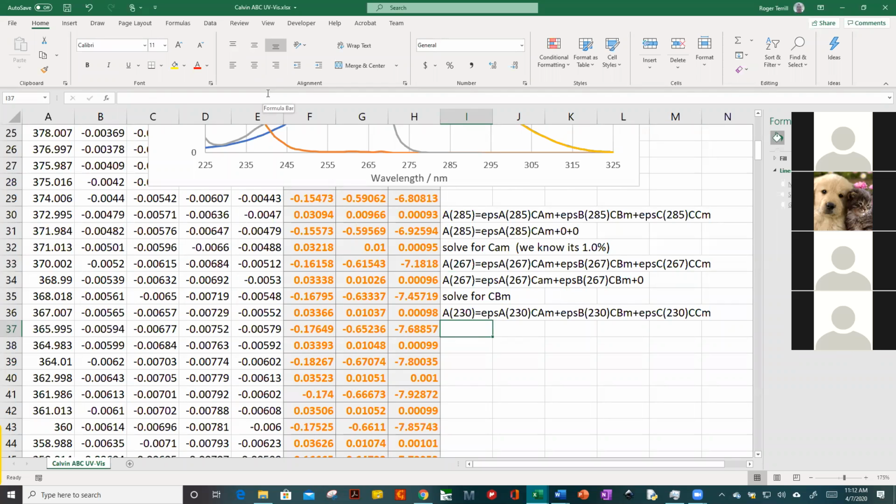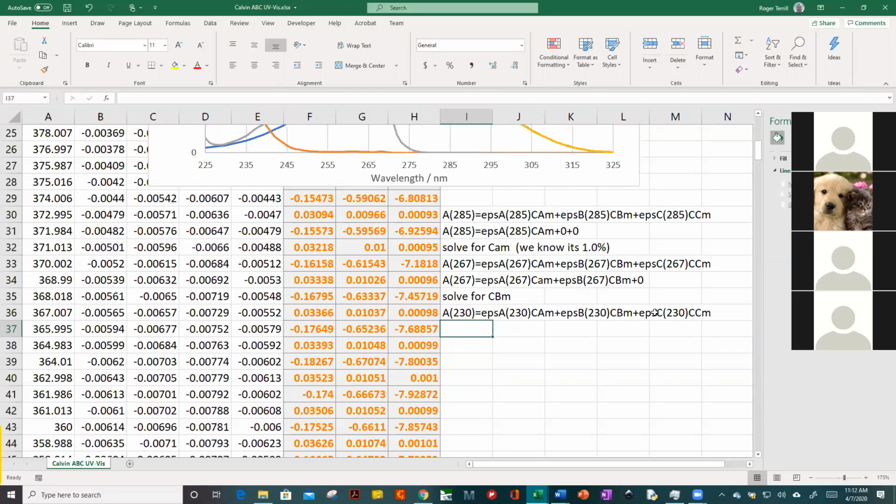Yep. And Kevin says, so you just plug in all those epsilons at that wavelength and solve for the concentration of C. Exactly. So A at 230 is unitless. Epsilon C is unitless.